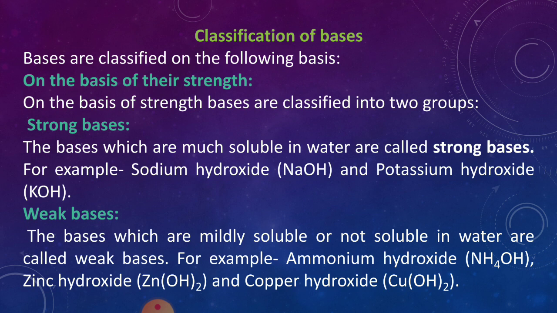Such bases are called weak bases. Means the bases which are mildly soluble or not soluble in water are called weak bases. For example, ammonium hydroxide, zinc hydroxide, copper hydroxide. These are weak bases.